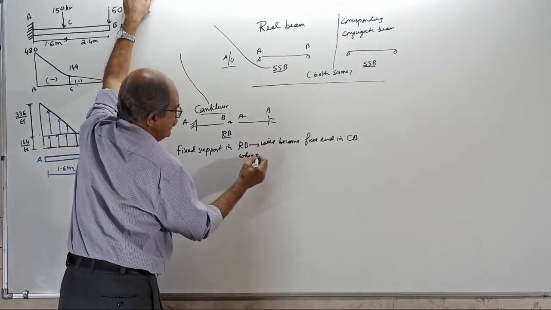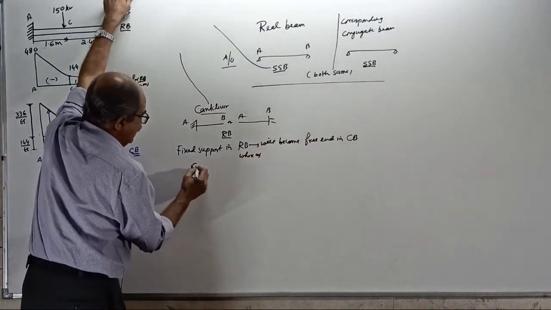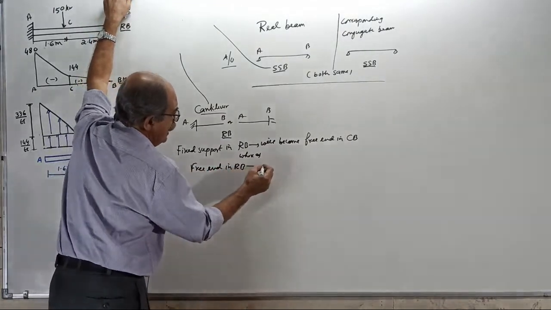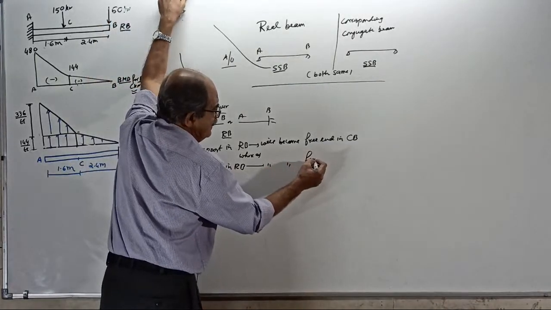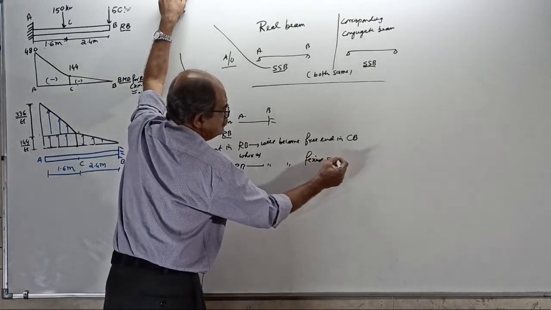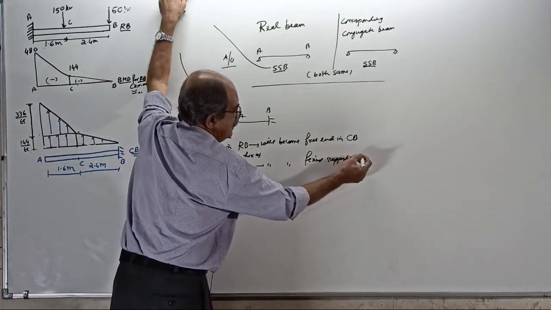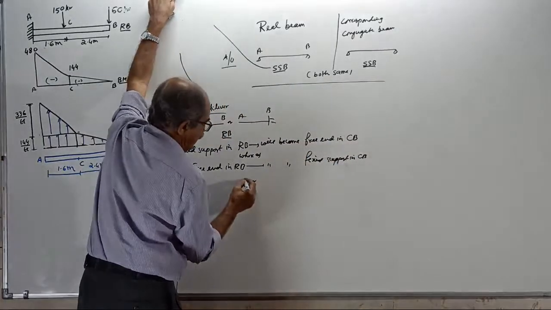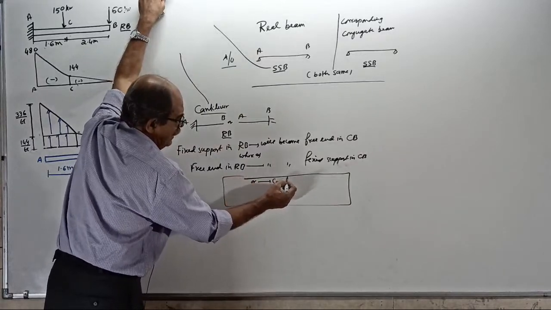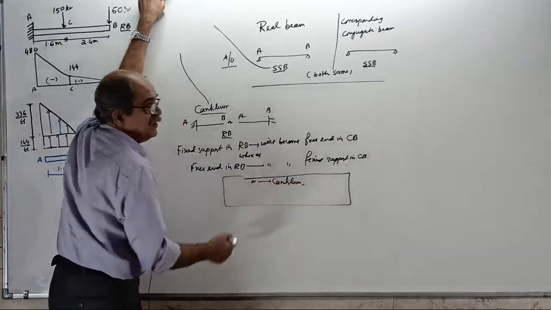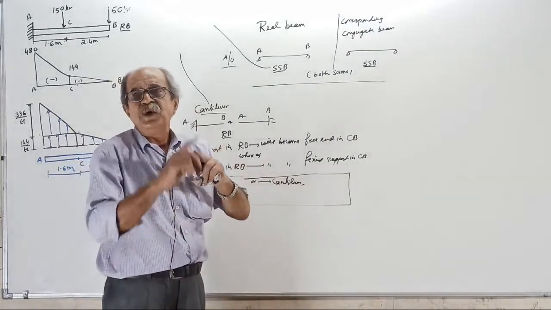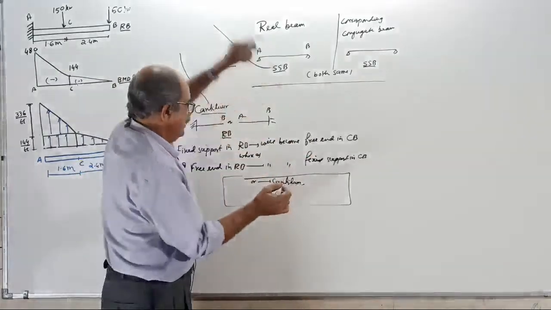Whereas a free end, very important, a free end in the real beam will become a fixed end or fixed support in the conjugate beam. Or you can write one general statement: in case of cantilever, whatever is the end condition for the real beam will get interchanged.